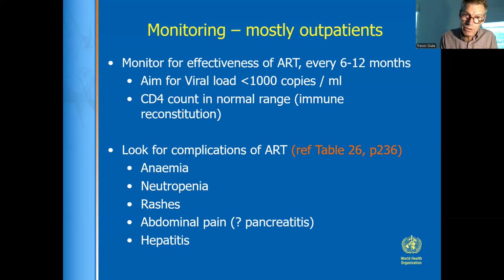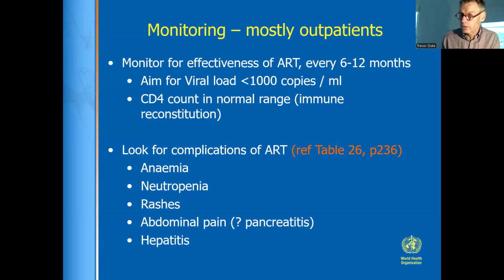Rashes are very common with ART, abdominal pain. And if a child's got abdominal pain, then consider that they might have, for example, pancreatitis, or they might have hepatitis. There's a number of things that could be wrong. And they're the common complications. Although, having said that, more than 80% of children who are on ART don't get these complications.